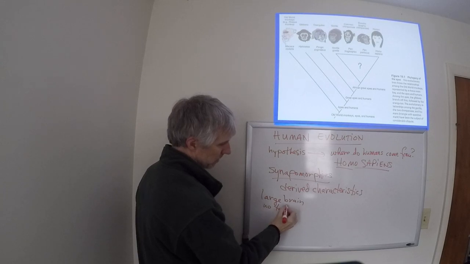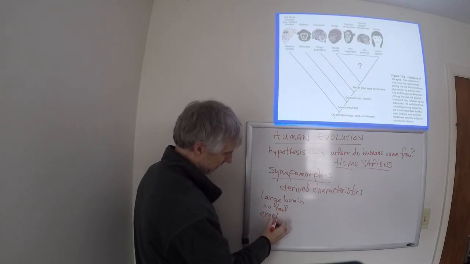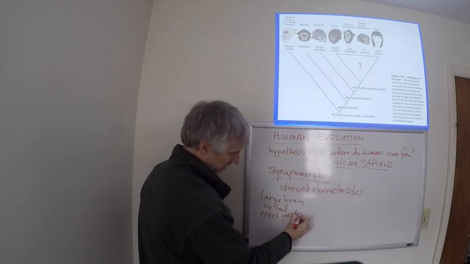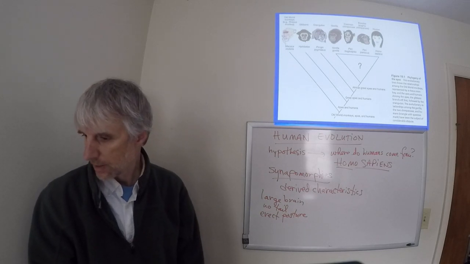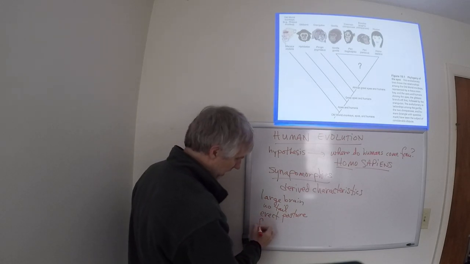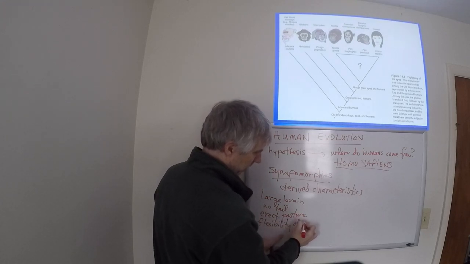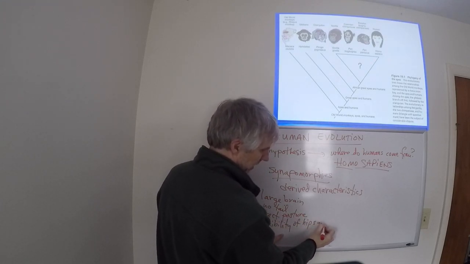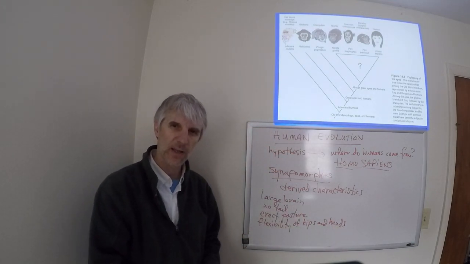no tail, erect posture, right, not walking on all fours but more upright, flexibility in hips and hands. And I think I mentioned this before when we were talking about phylogenetic constraint.